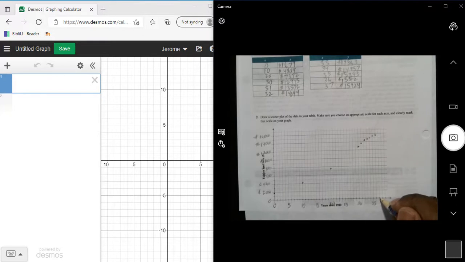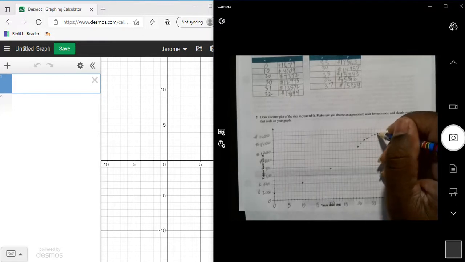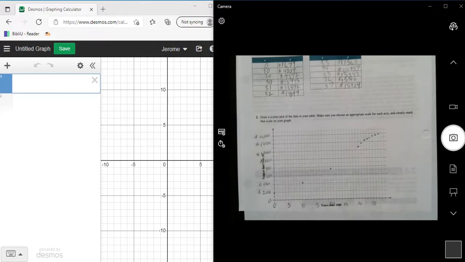And then 37 will almost be at 16,000. All right. So now we have our scatter plot.